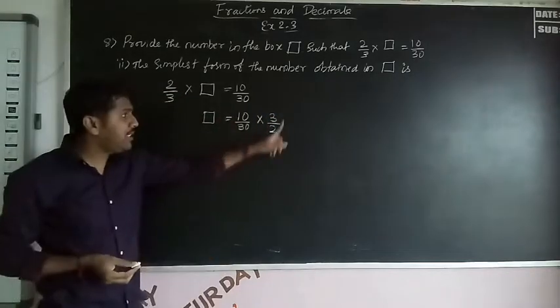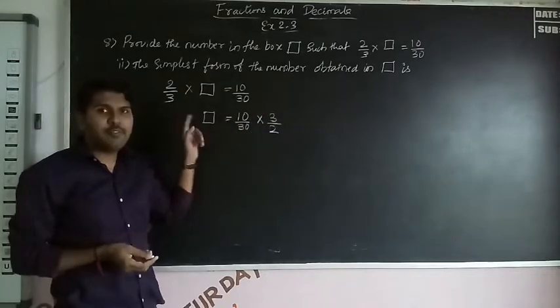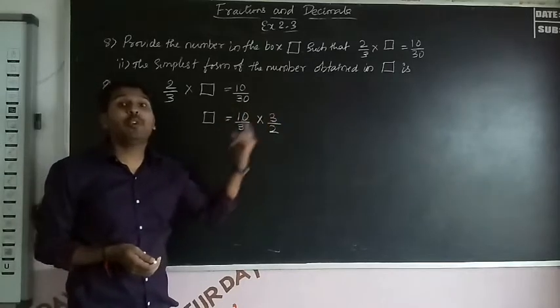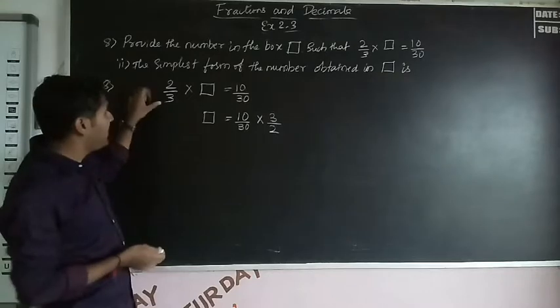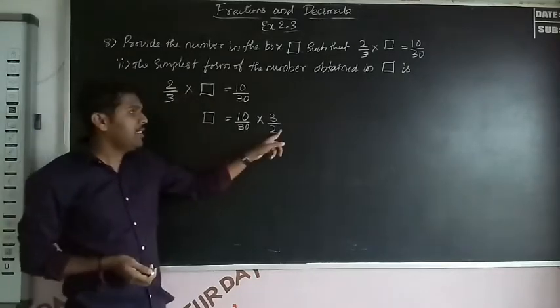I have said 3 by 2 because you are shifting to the right side. If you want to shift any fraction, right side or left side, you have to write the reciprocal here. Reciprocal means just converting the numerator to denominator, denominator to numerator. 2 by 3, here 3 by 2.